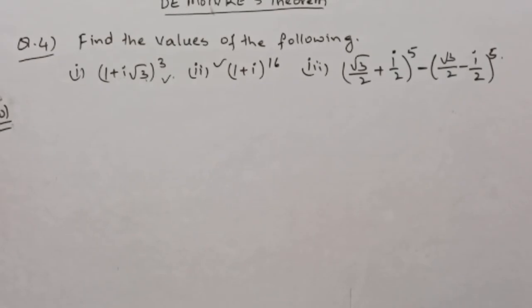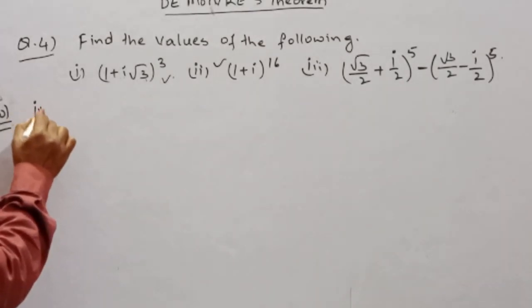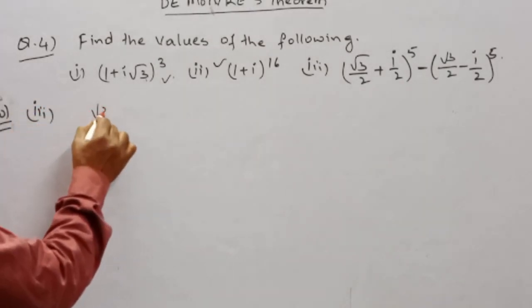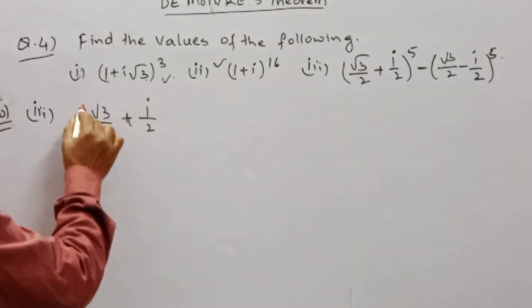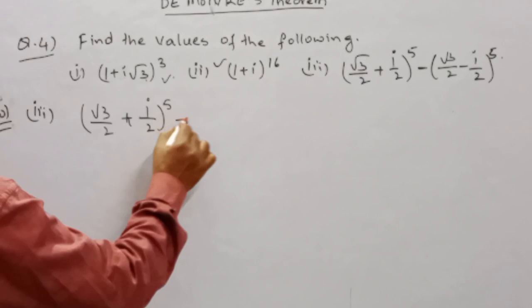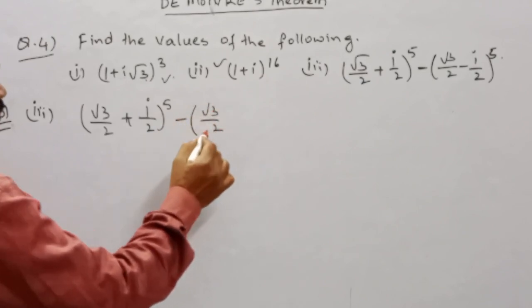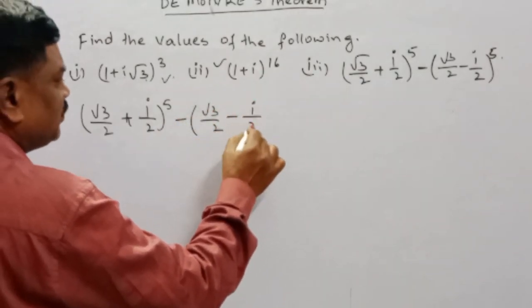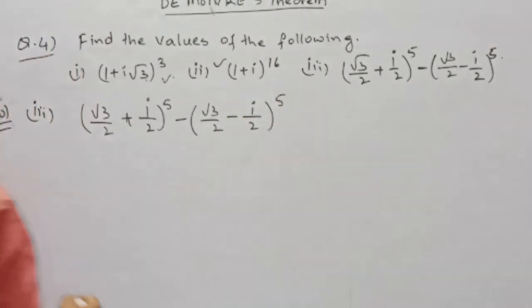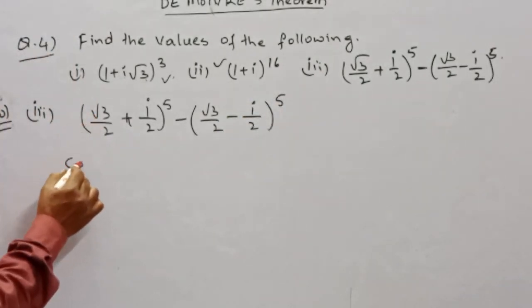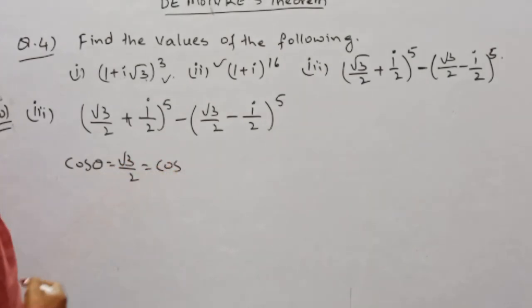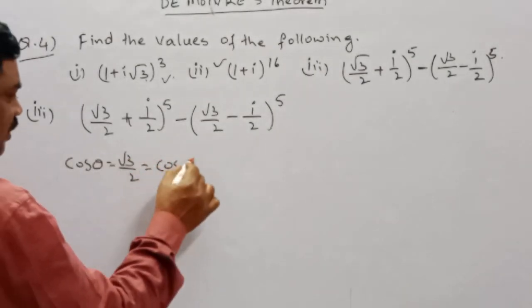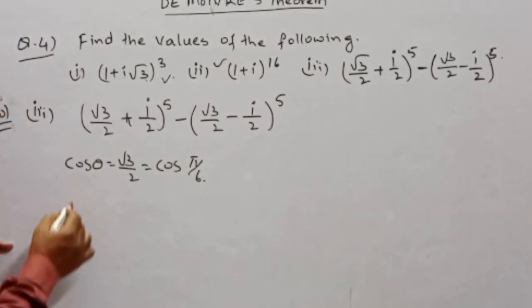Third problem. What is the third problem? (Root 3 by 2 plus i by 2) whole power 5 minus (root 3 by 2 minus i by 2) whole power 5. What is root 3 by 2? Cos theta is equal to root 3 by 2, which is cos 30 degrees, that is pi by 6.